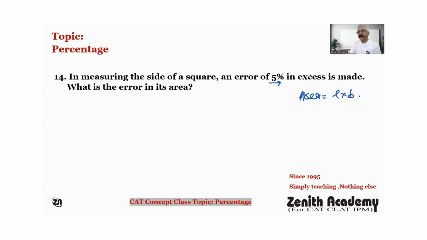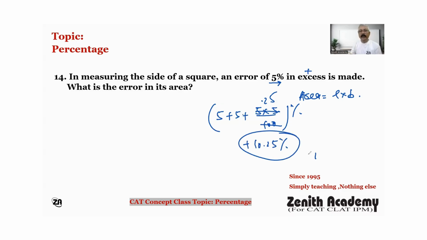Error in excess means x is plus 5, y is plus 5. So plus 5 plus 5 plus 5 into 5 by 100. This is the net change. It is 0.25, and this is 10.25%. Area will increase. You got it?